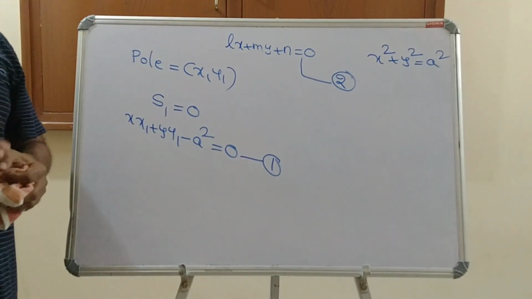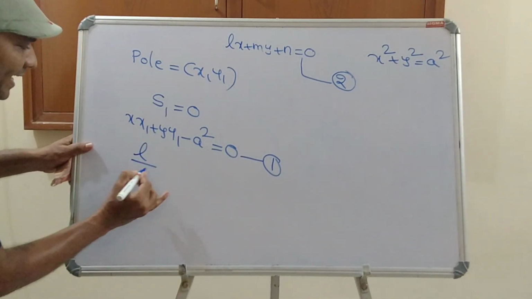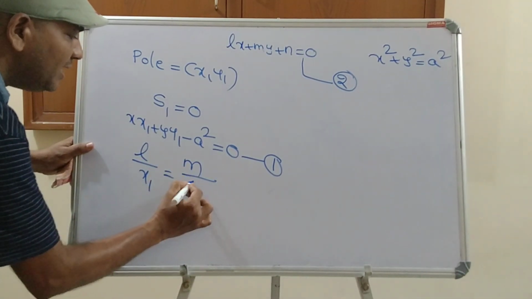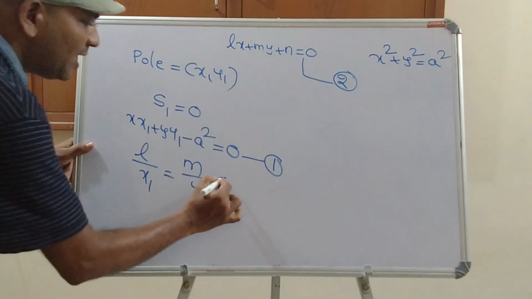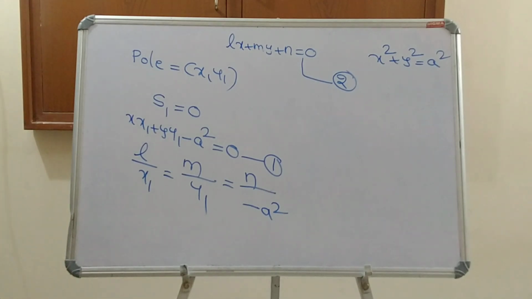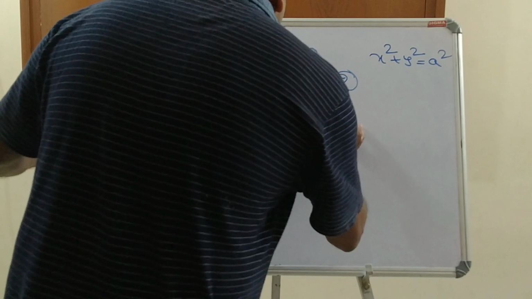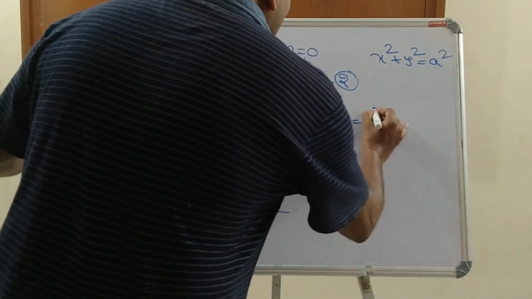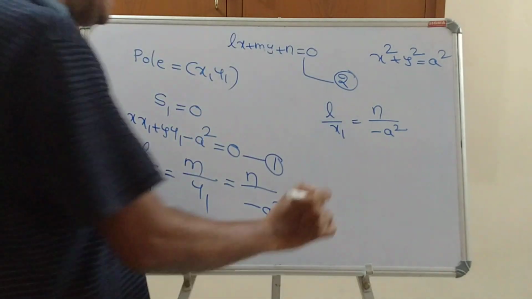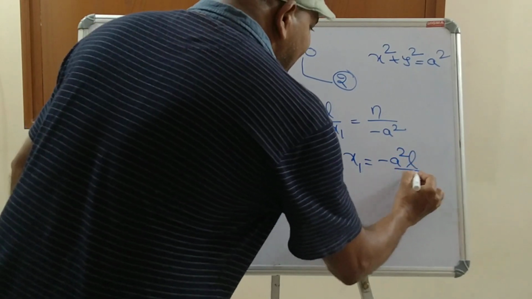So, comparing 1 and 2, x coefficient by x coefficient equal to y coefficient by y coefficient equal to constant by constant. Now, equate 1 and 3. We get L by x1 equal to n by minus a square. Cross multiply. x1 equal to minus a square L by n.